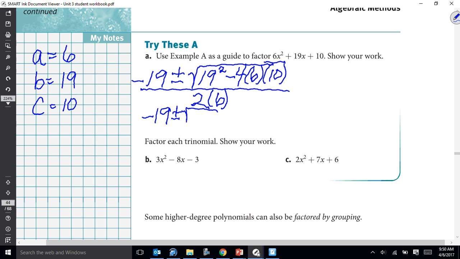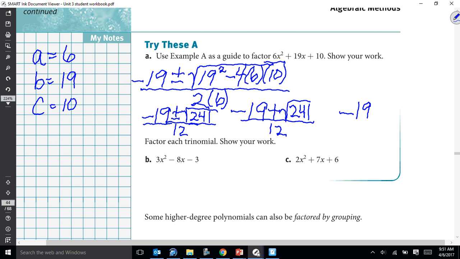So we have the square root of 241 all over 12. So now let's do negative 19 plus the square root of 241 all over 12. And then if somebody else would do negative 19 minus the square root of 241 divided by 12.